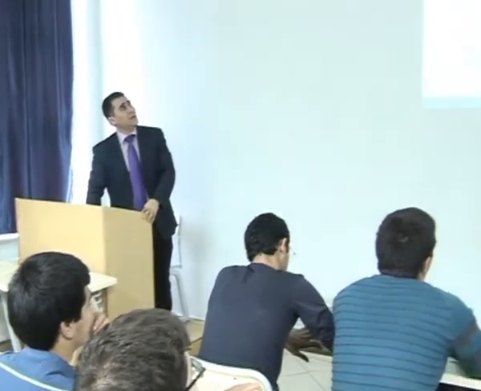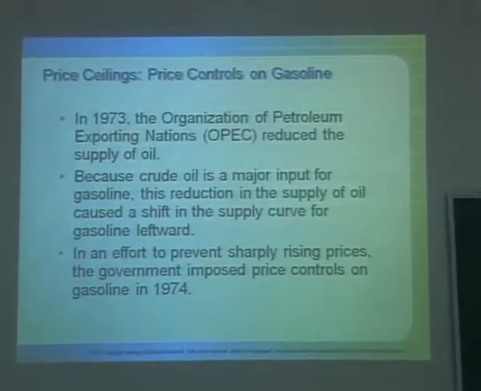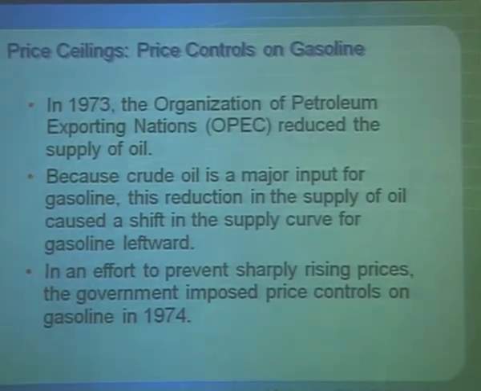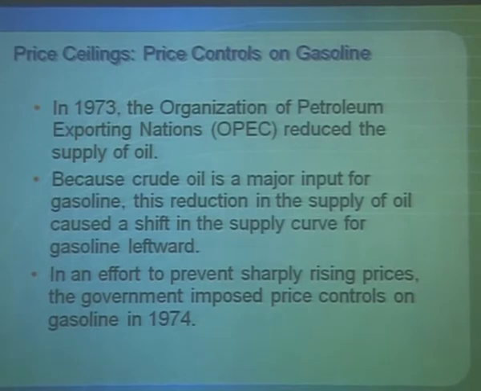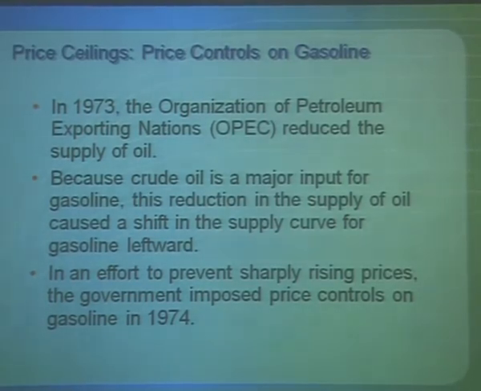For example, they give this example about the price ceiling for the United States. It says that in 1973, the Organization of Petroleum Exporting Countries reduced the supply of oil. You already know that in this case, it is a factor other than the good's own price.